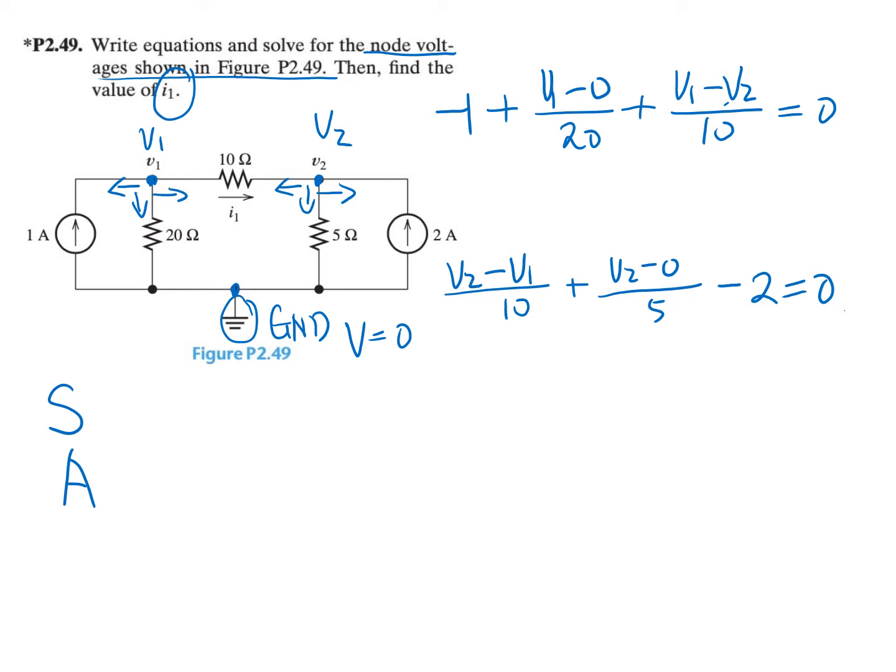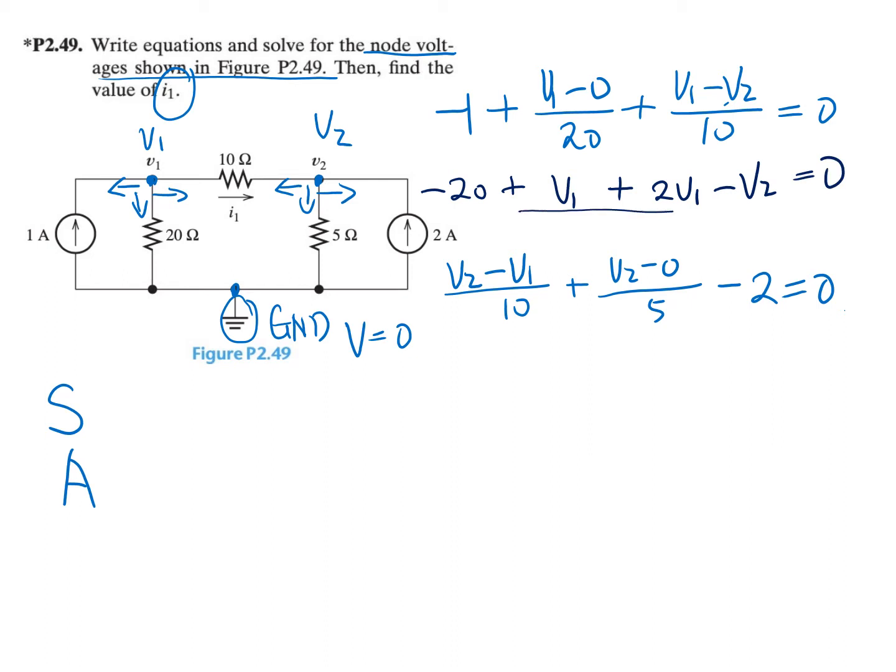Let's first simplify them. For this one, we multiply 20 to all the terms. So we have minus 20 plus V1 plus 2V1 minus V2 is equal to 0. And we simplify this.